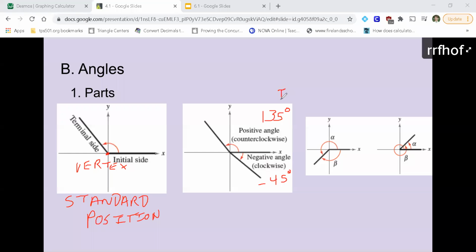If you are counting up from quadrant 1 to 2 to 3 to 4, that's counterclockwise, then your angle will be positive. But if you're going 4, 3, 2, 1, if you're going clockwise and you're counting down with the quadrants, then your angle would be negative.